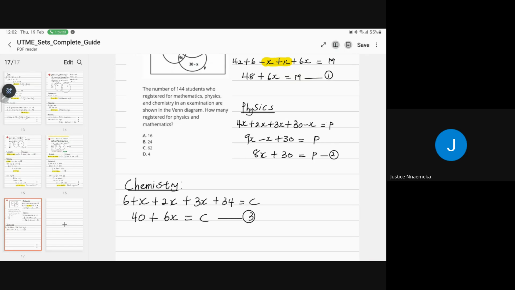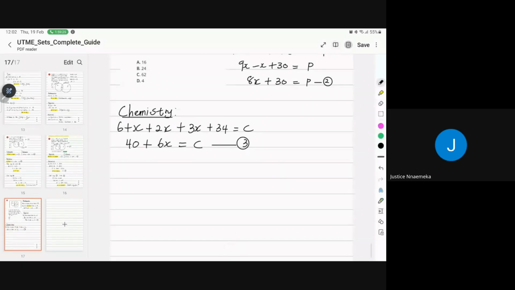Now, let's talk about universal. This chemistry that we calculated might not even be important, but let's just keep going.